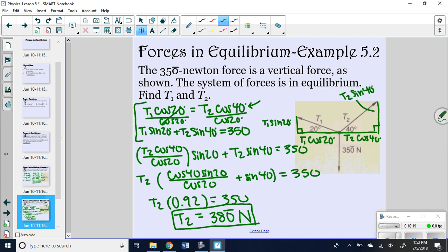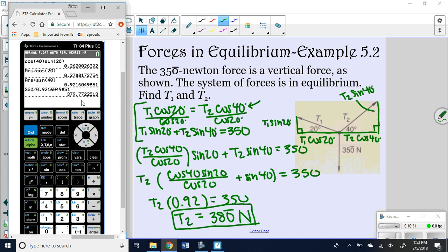Okay? Now for T1. All we have to do is come back up here and plug it in, because T1 equals T2 times cosine of 40 divided by cosine of 20. So take that number, multiply by cosine of 40, and then make sure to close your parentheses and divide by cosine of 20.